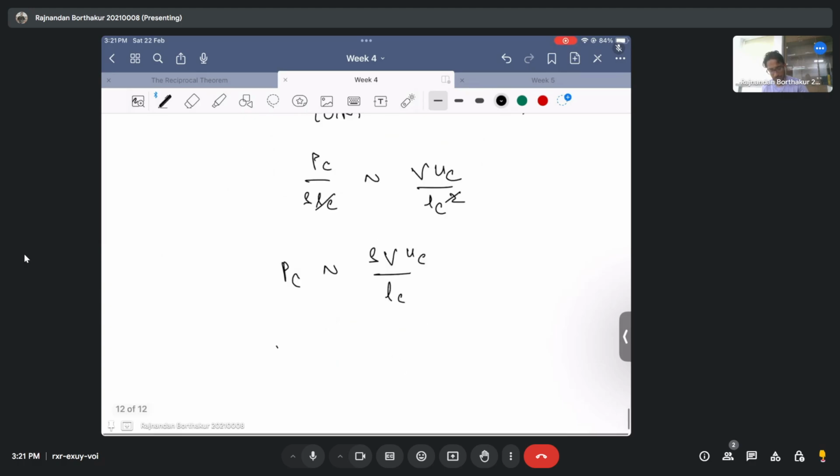Since nu is basically mu by rho, this becomes the dynamic viscosity mu UC by LC.